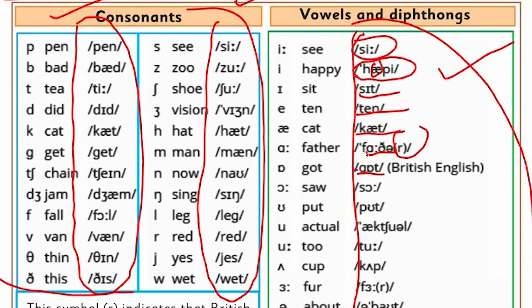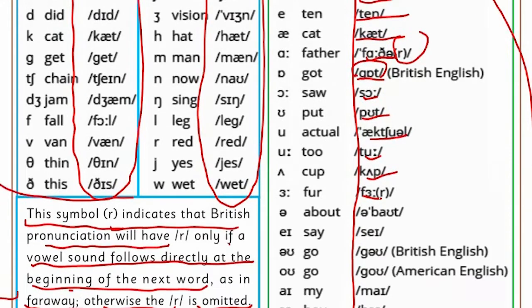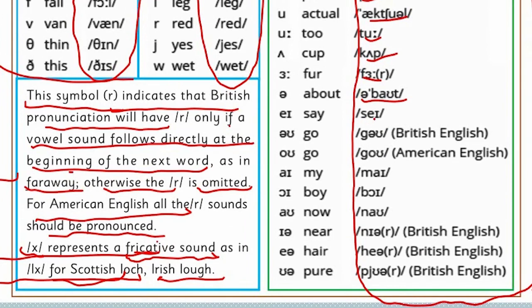Got, in British English we pronounce it like this, got, saw, put, to, cup, about, say, go, in American English go, my, boy, now, near, the R is silent here in British, and here, peer, the R is silent again in British English.